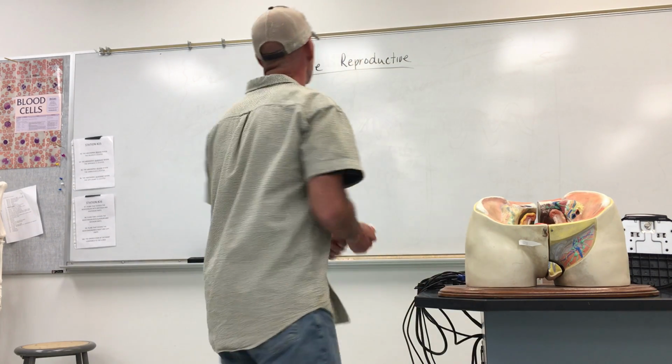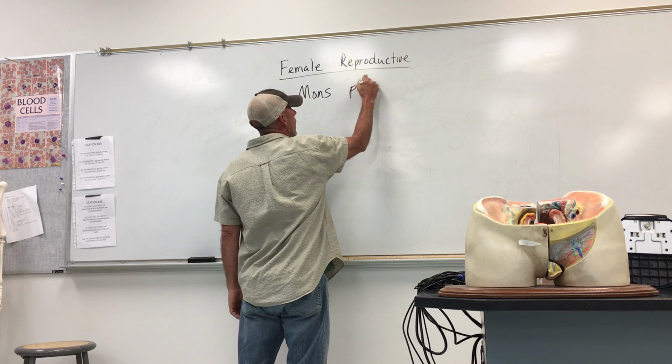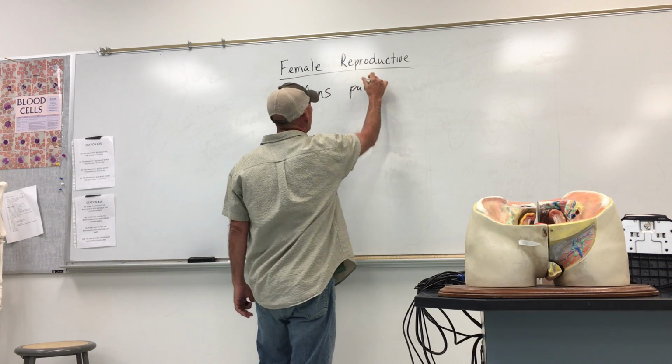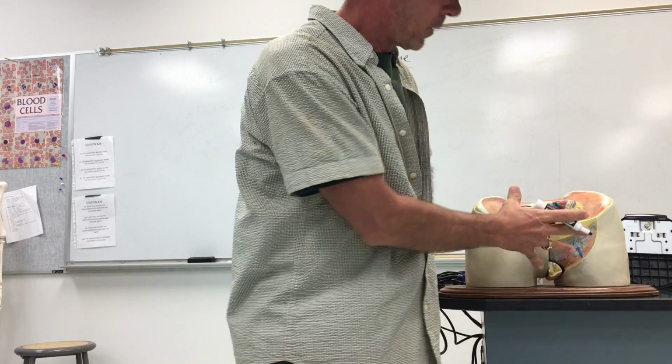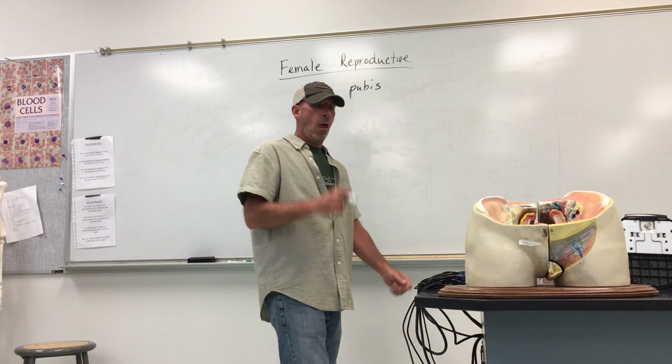This fat pad is known as the mons pubis, and it is this region that is typically covered with pubic hair, indicating sexual maturity.